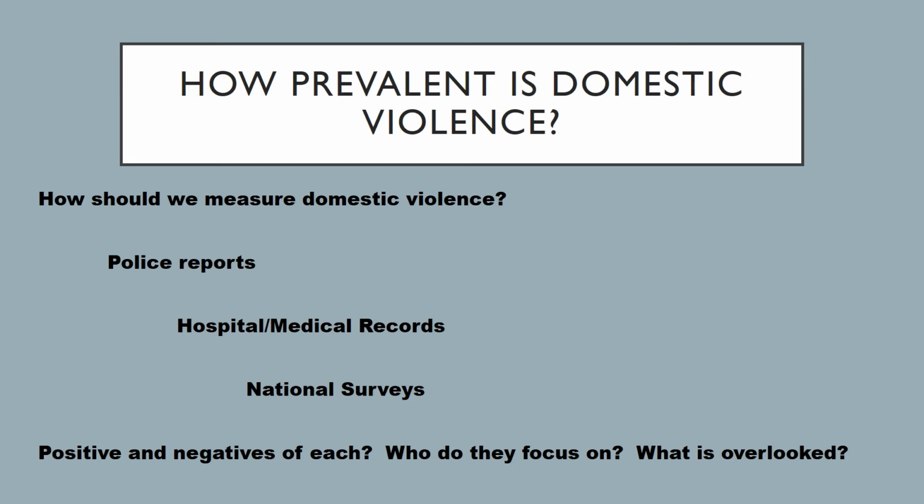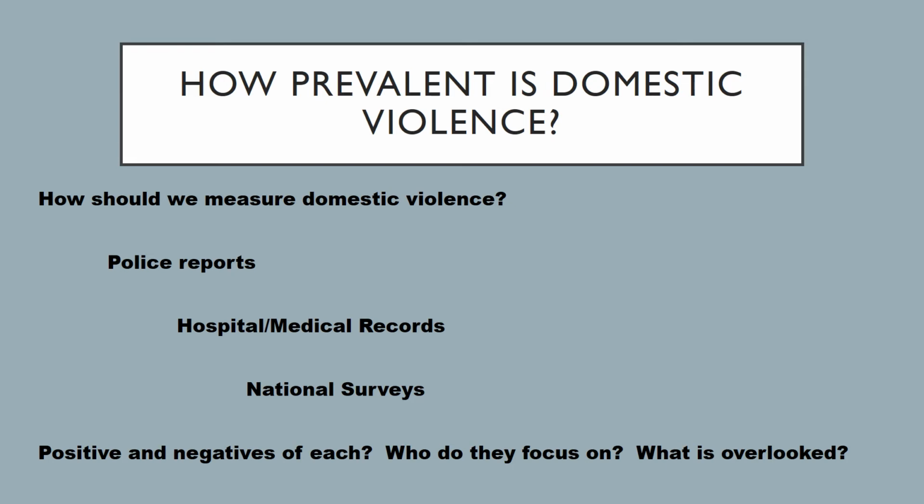Historically, we've used police reports. We've used hospital and medical records. And only over the last few decades have we really started to focus on using national surveys to measure domestic violence. Now, with each of these sources of data, we have to think about the good and bad of each one. Who are they targeting? What are they missing? That's one of the things we have to scrutinize.